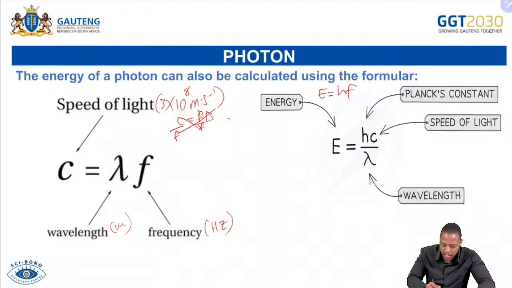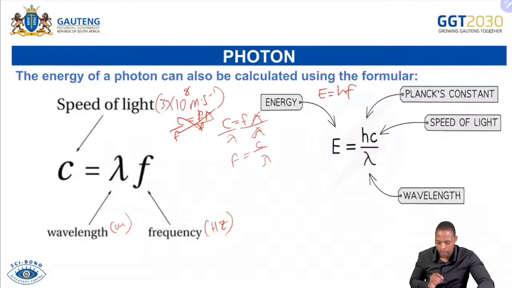So I'm making a mistake there. C equals F lambda. I should actually be dividing by lambda because I want to make F the subject of the formula. This cancels this, then I have F equals C over lambda there. So now I have frequency in terms of speed of light and wavelength. The frequency is given by C over lambda.